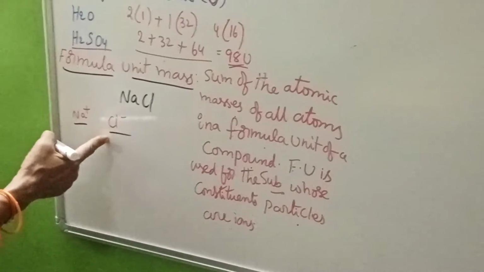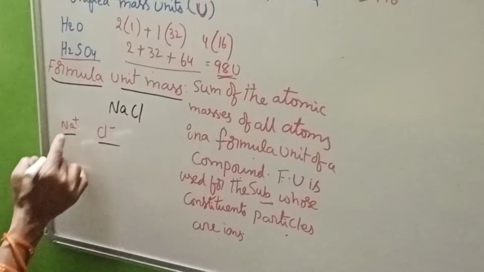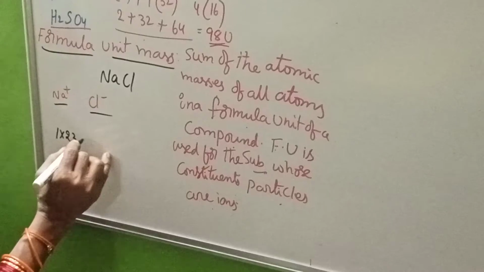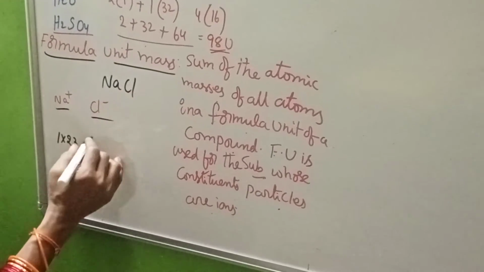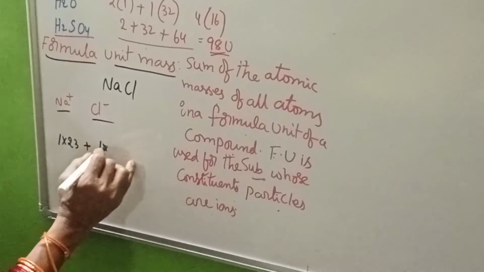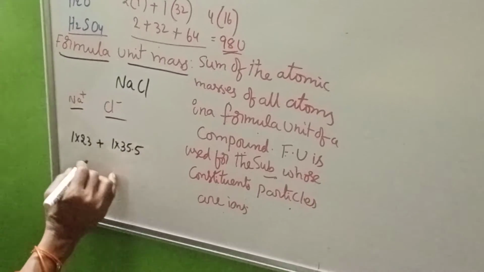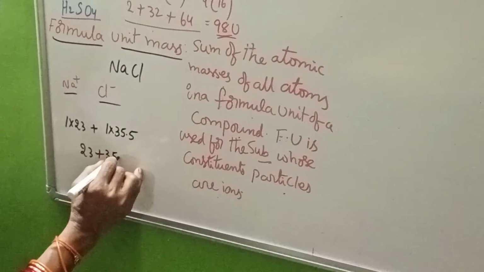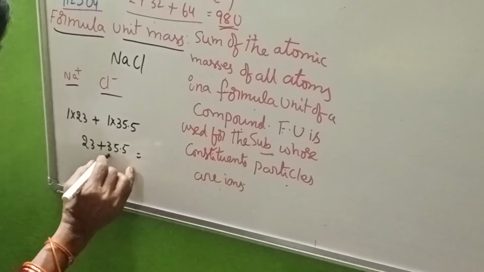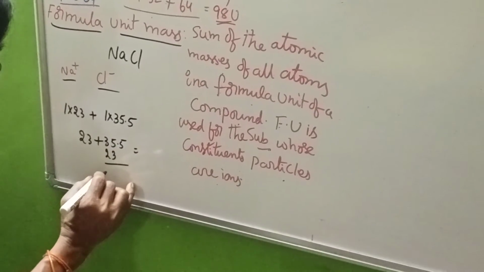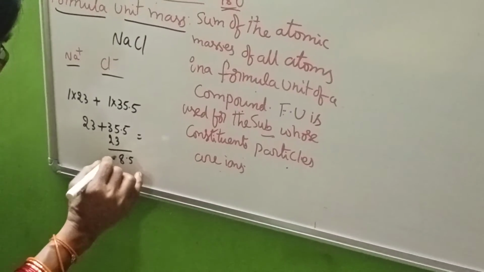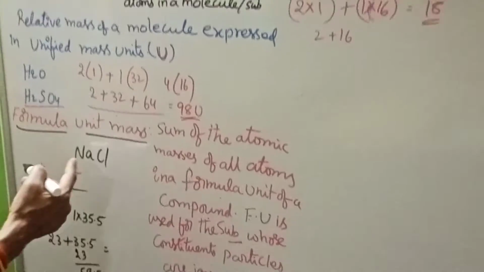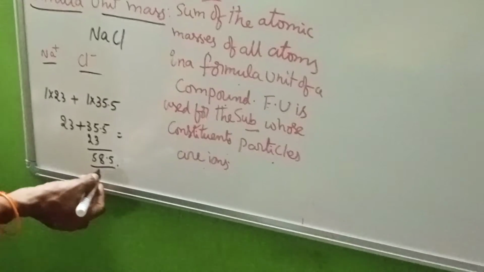So for formula unit mass, 1 sodium ion means 1 into 23 is the mass for sodium, plus chlorine, 1 ion only, 1 into 35.5. So 1 into 23 is 23 plus 1 into 35.5, totally you get 58.5. That will be the formula unit mass. Sodium chloride formula unit mass is 58.5.